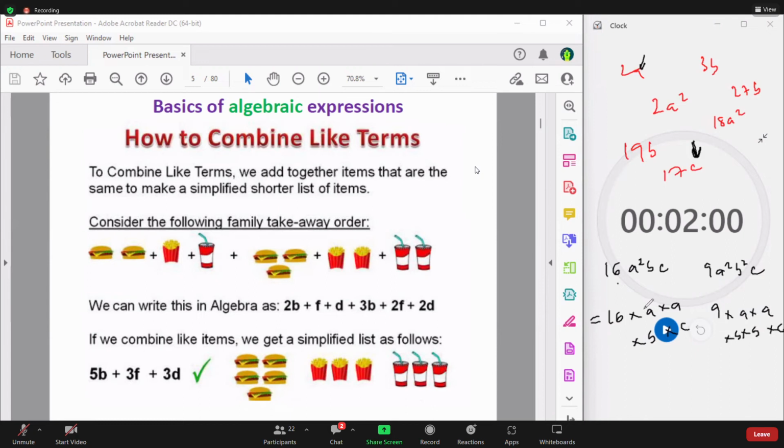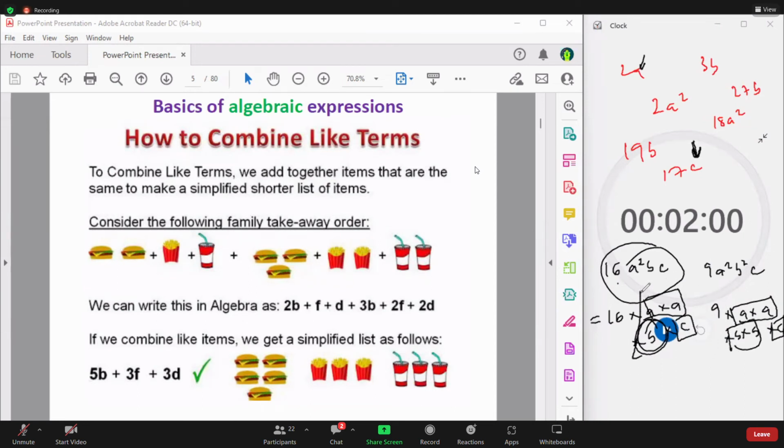Now here, if you see, a occurs twice, here also a occurs twice. c occurs once, and c occurs once here as well. However, b occurs only once in this particular term and b occurs twice in this particular term.